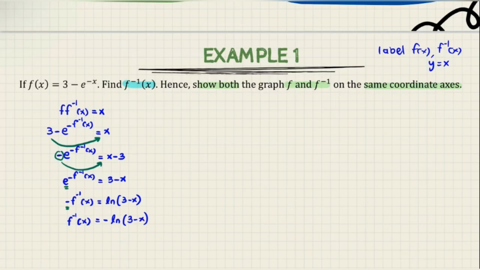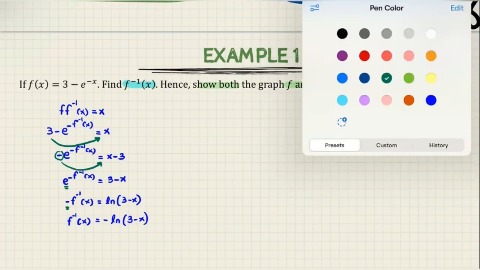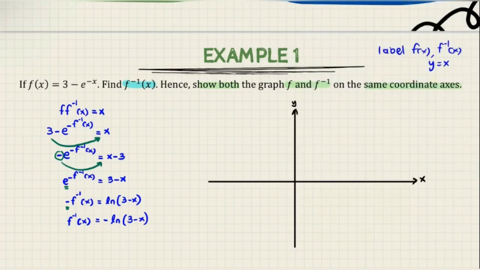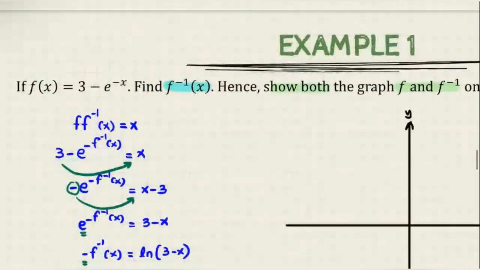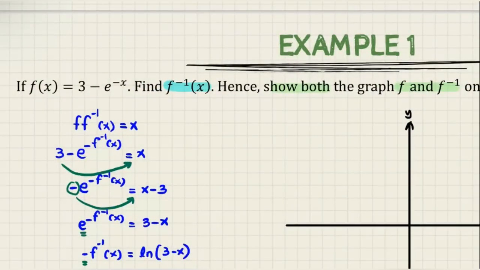Okay, so yang first of all saya lukis dahulu kita punya axis. Okay, now macam nak lukis 3 tolak E of negative X. Okay, tadi ini adalah basic shape kepada E of X. Alright, so kalau ini pula adalah shape kepada E of negative X.